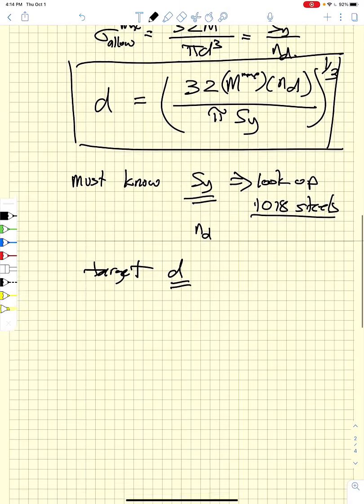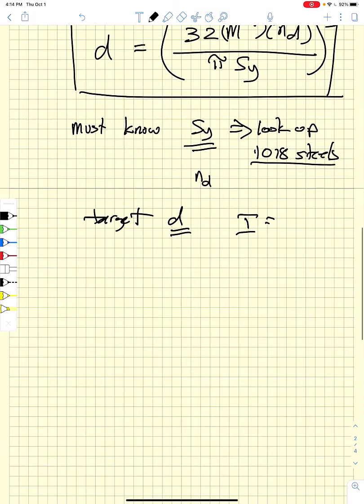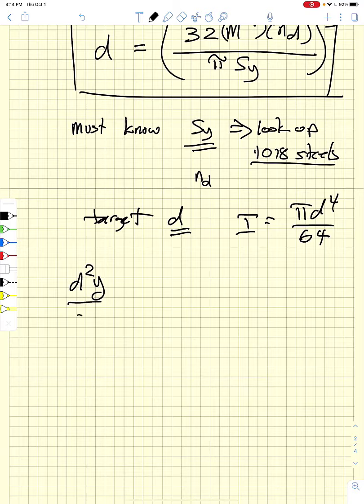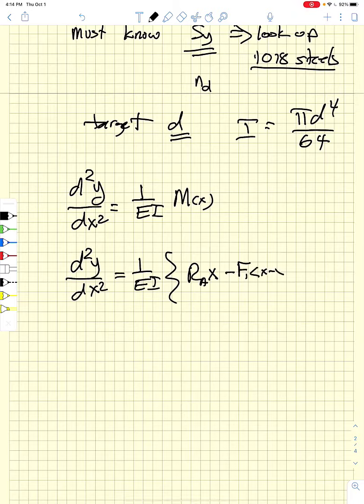Now that I have that target diameter, I can calculate I, because I is just pi d to the fourth over 64. Now I can go back to my deflection equation, which is 1 over EI times my moment equation, and I'll just write that out. My moment equation is RA times x minus F1 times (x minus x1) to the first power minus F2 times (x minus x2) to the first power.